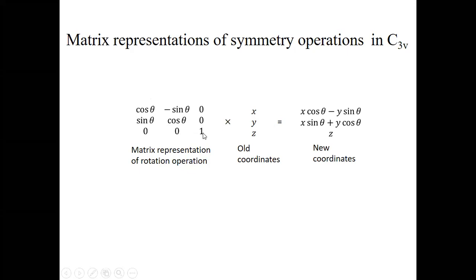We could again verify using the multiplication rules for matrices that when this matrix is multiplied with this matrix, this gives that matrix. I do not do this explicitly. You can do this as an additional homework if you want to verify this by yourself and if you want to convince yourself.